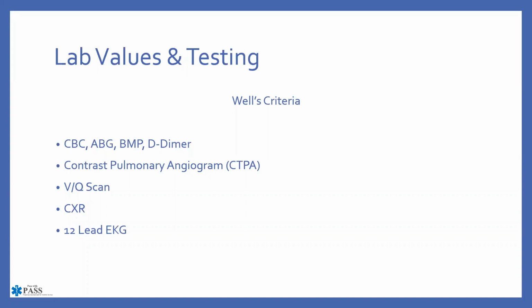So what is typical is if you get a D-dimer drawn and it is negative, you can hang your hat on the negative test and say, okay, well, they do not in fact have a pulmonary embolus.